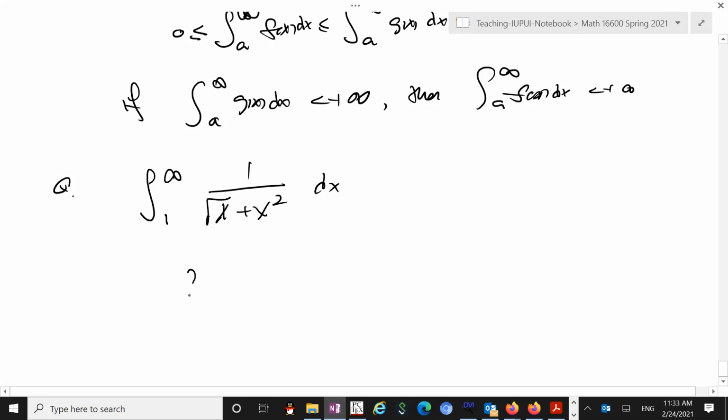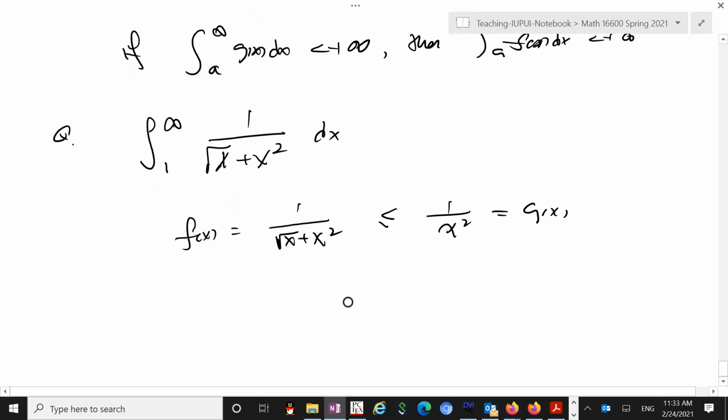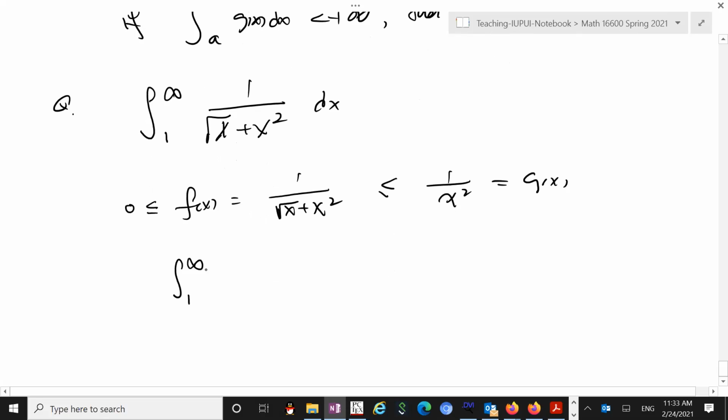Okay, so this is my f of x. I'm pretty sure this is going to be less than or equal to 1 over x squared. That's g of x, right? But I know this is greater than 0.